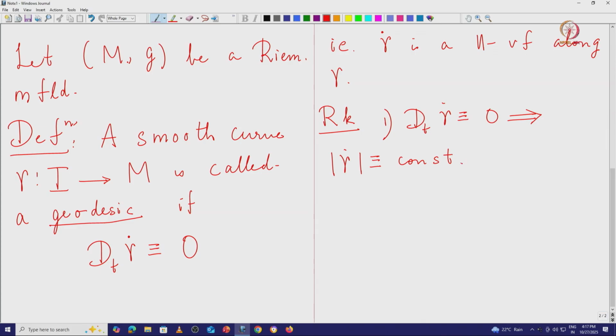Okay, why is that? That's because if you take the derivative of the speed squared, then by the fact that we are dealing with metric connections, this is just twice dt of gamma dot times gamma dot, which is 0 because gamma is a geodesic, right. So gamma dot squared, and hence norm gamma dot is a constant function.